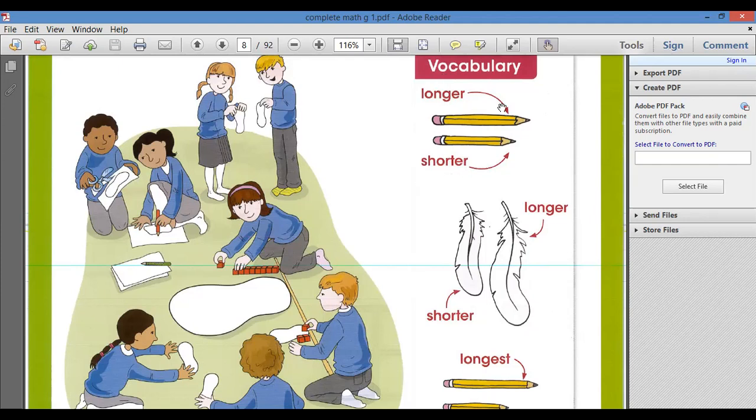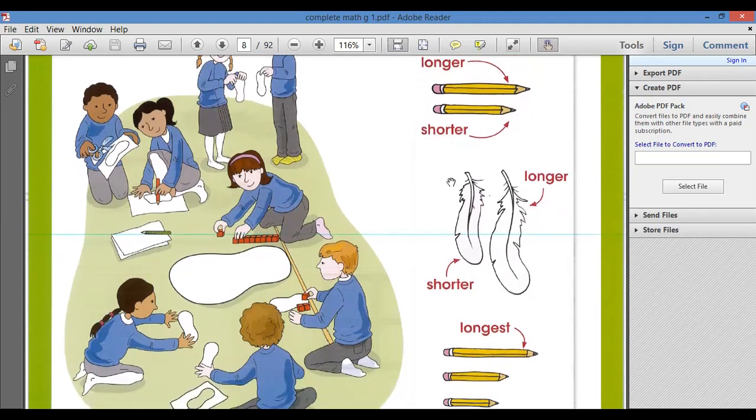Shorter is a comparative degree between two things. We are comparing two things. Like this, in feathers, we are comparing the feathers with each other. Longer and shorter. This you have to understand.